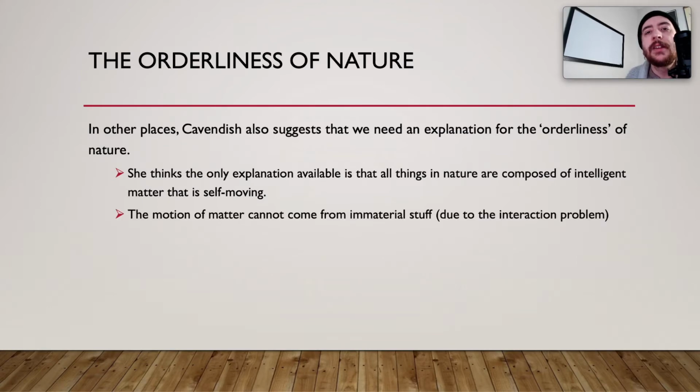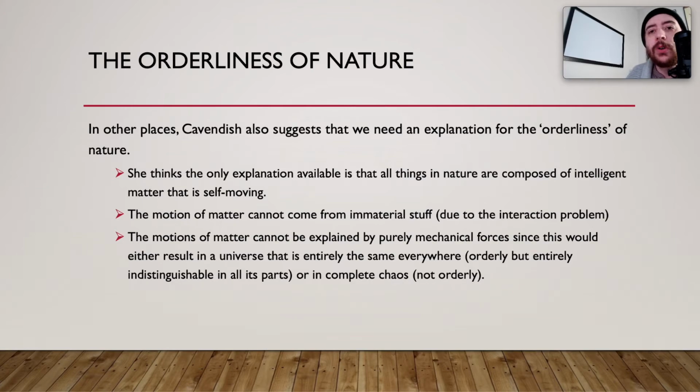The idea is the motion of matter can't come from immaterial stuff due to the interaction problem, and the motion of matter can't be explained by purely mechanical forces, since this would result in a universe that's entirely the same everywhere. So the idea is, if there just was no motion, then everything would be indistinguishable. The world would be everywhere the same, such that you couldn't distinguish one part from another.